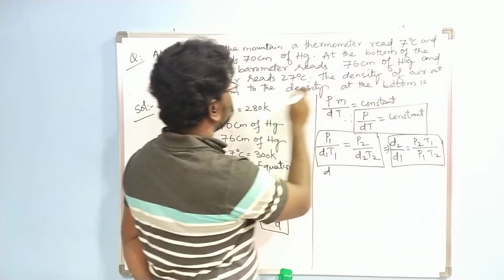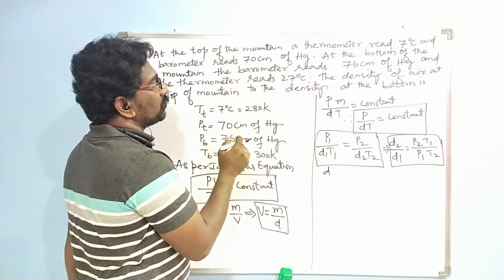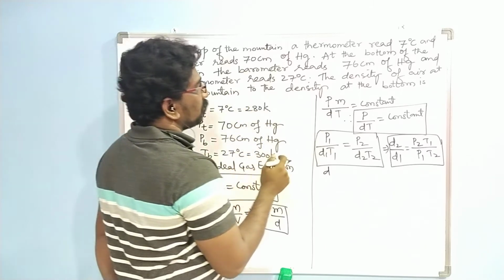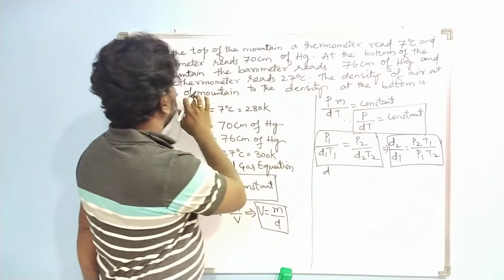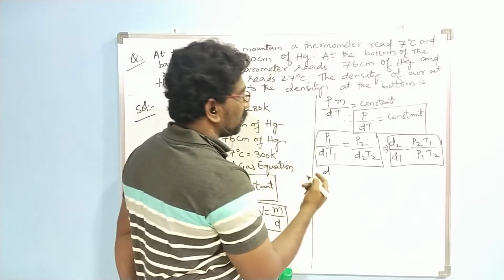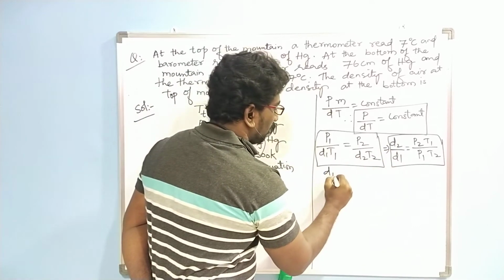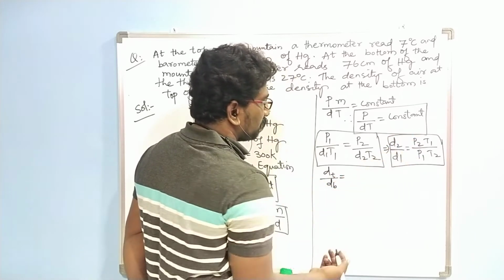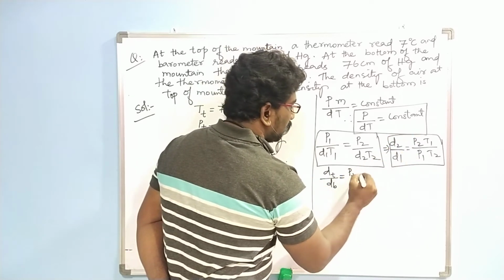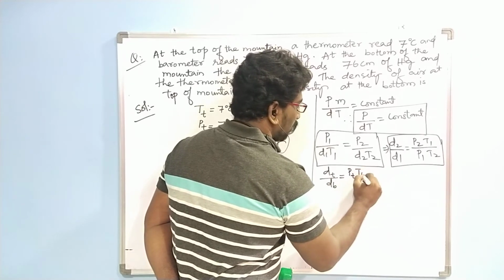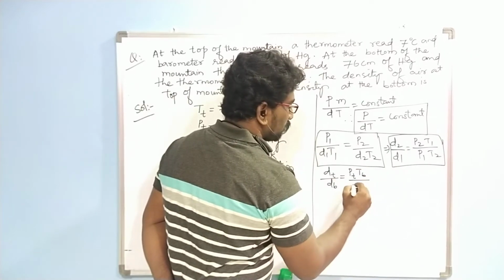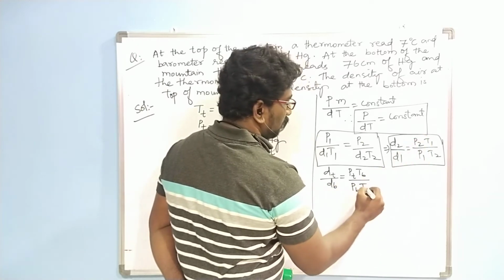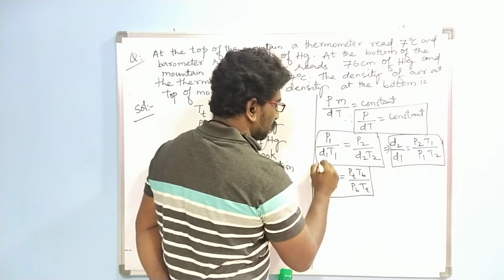We are supposed to find it from top to bottom, so it becomes the reverse of this case: P_t T_bottom by P_bottom T_top. So this becomes your numerical.